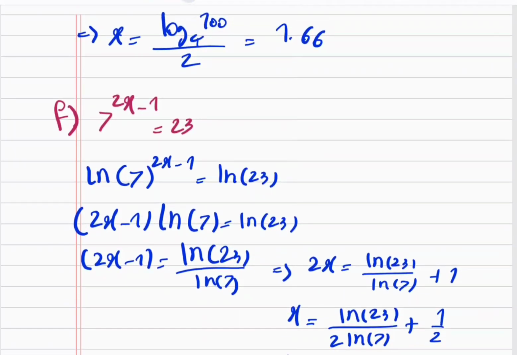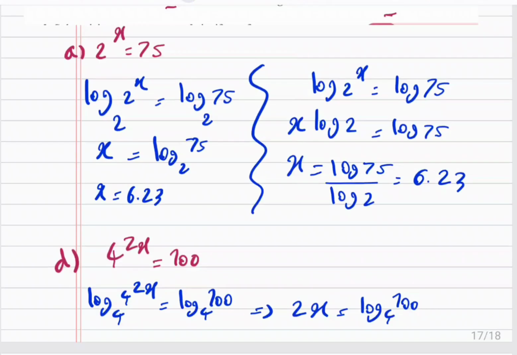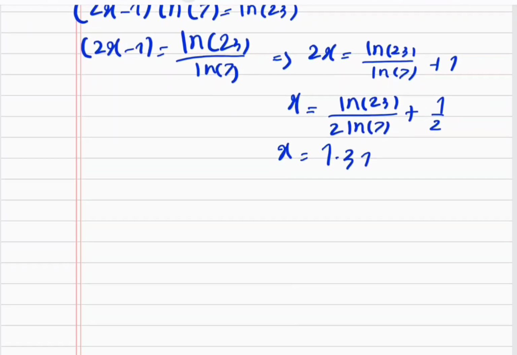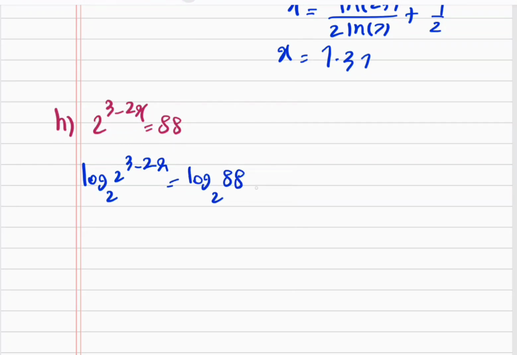As you can see, it can make the calculation a bit messier when the base number isn't the same, because when it's the same as this number, we'll have one cancellation at least. And finally h, which is very similar to f. In h we have 2 to the power of 3 minus 2x is equal to 88. In this case, I'm going to take the log base 2 of both sides. So log base 2 of 2 to the power of 3 minus 2x is equal to log base 2 of 88.